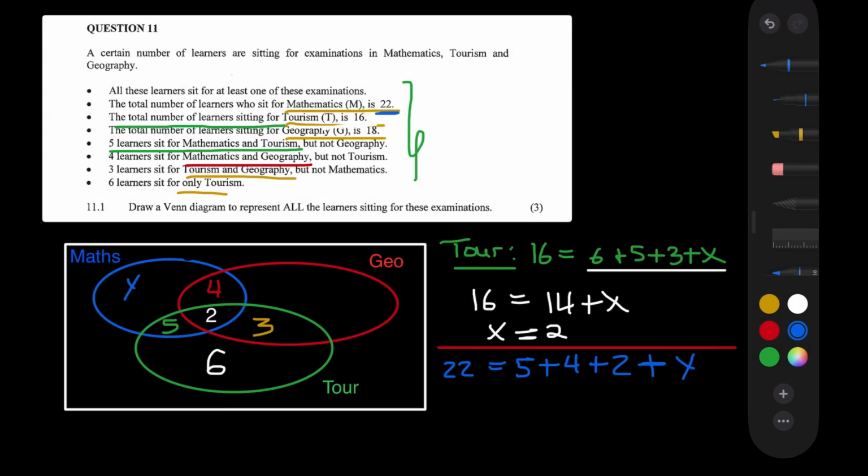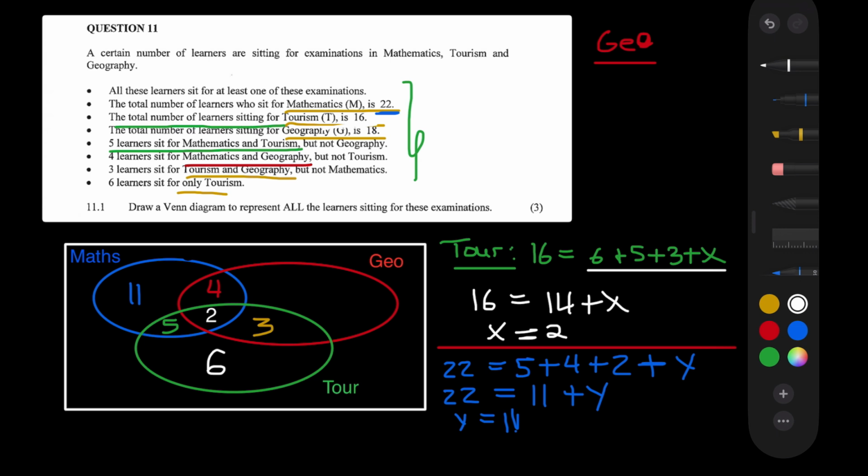You see, this is our y. So when I add everything up, I'm going to have 22 is equal to 5 plus 4, which is 9, plus 2, which is 11, plus y. And then when I subtract 11 on both sides, I'm going to get y is equal to 11. So I know that the missing number for mathematics is simply 11.